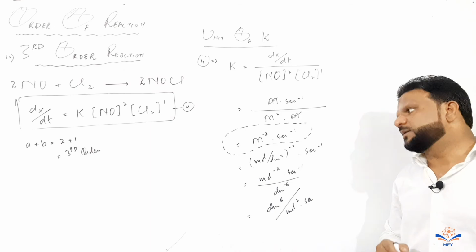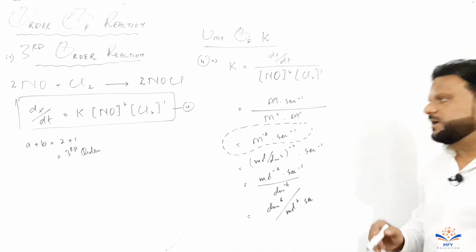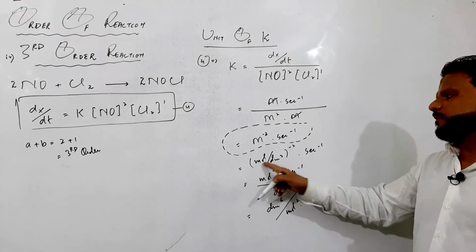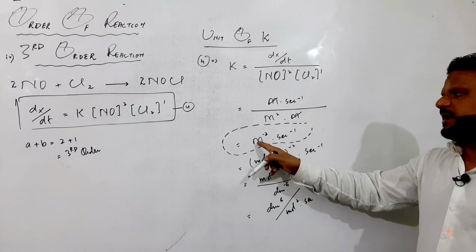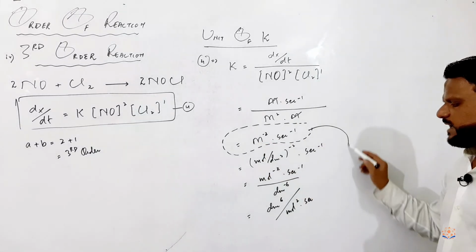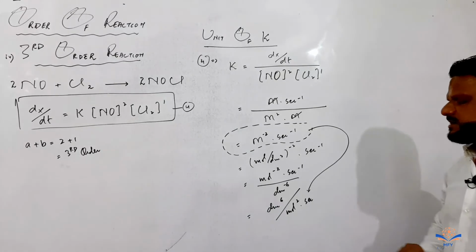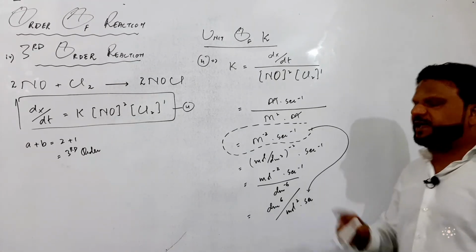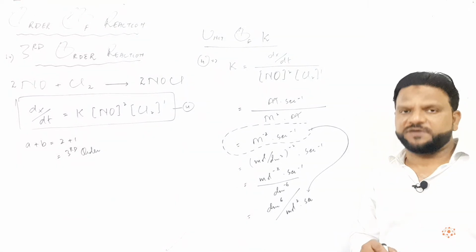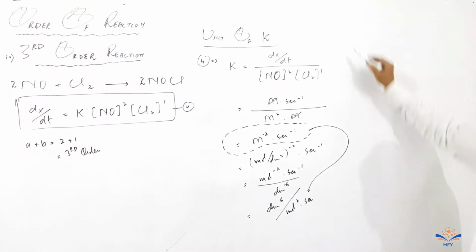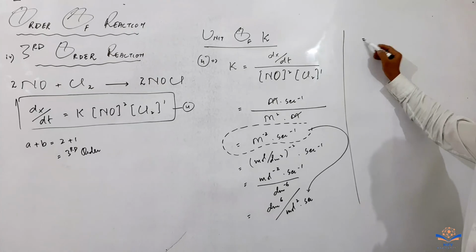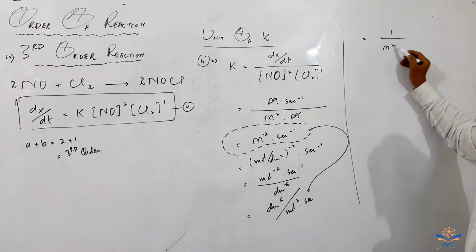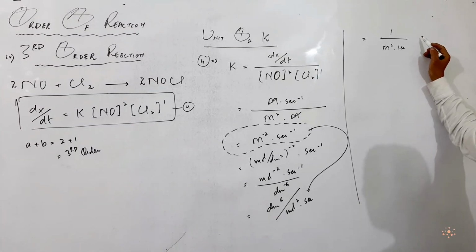If we want to convert into mole per dm cube, just put the value of mole per dm cube in place of capital M. We can easily find that dm6 per mole square second is the unit of K for third order reaction, or we can write it as 1 over molar square second.